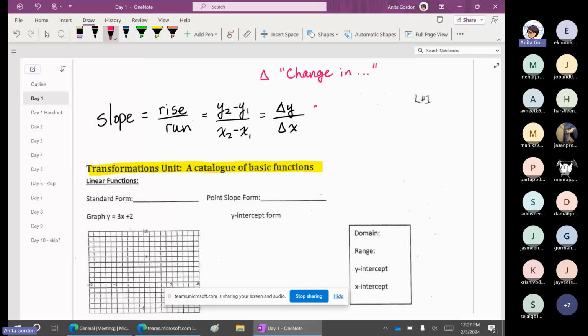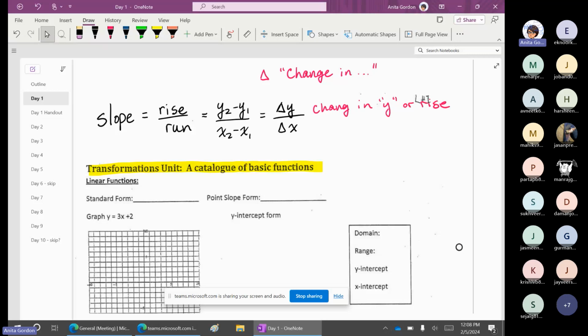So this is saying change in y, or rise, change in the rise of something. Okay, so the triangle means we're changing something. In this case, we're changing the rise and we're changing the run. So this is what we're looking at.